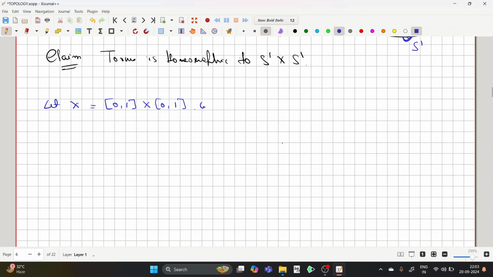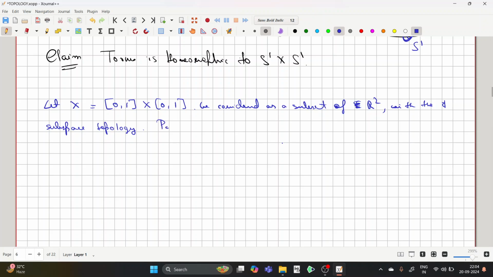Let X be considered as a subset of R2, with the subspace topology.